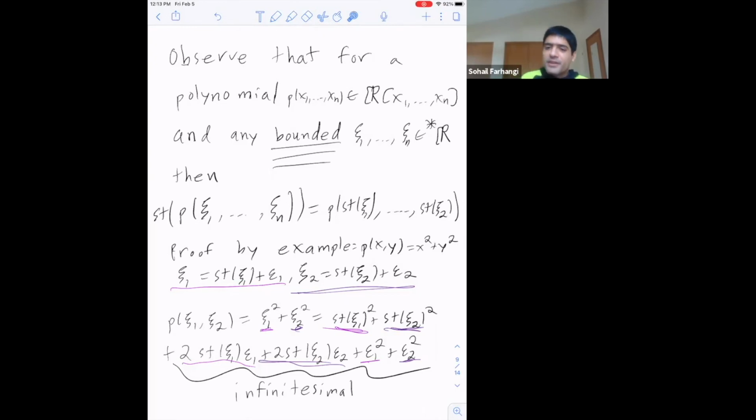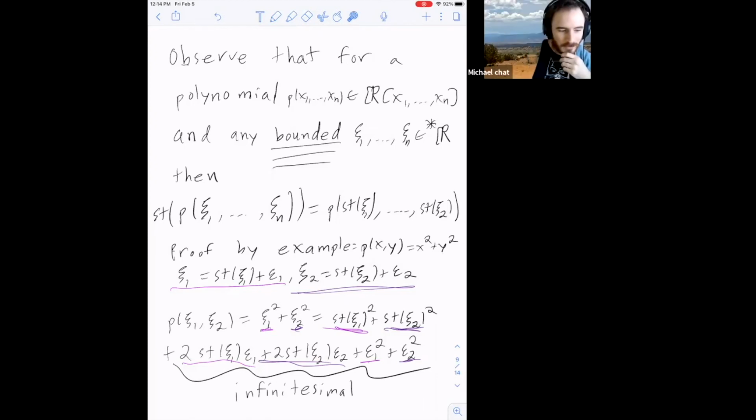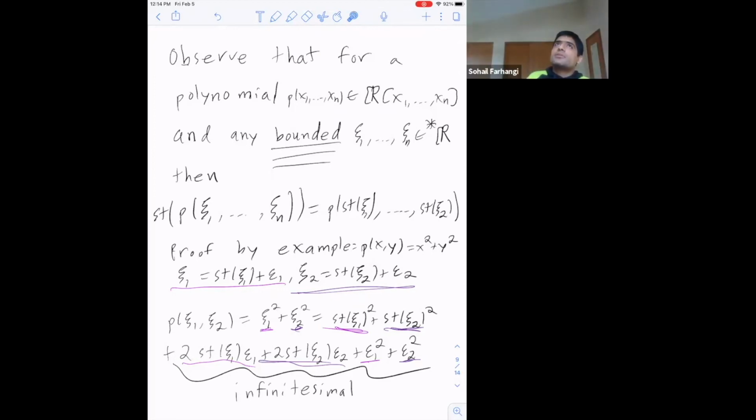Any questions or concerns here? You hinted at this earlier. Is this just true for any continuous function, that you can commute the standard part with the function? I don't think so.